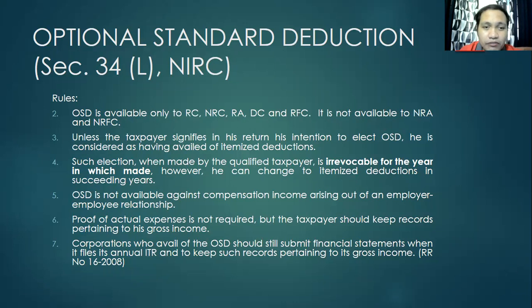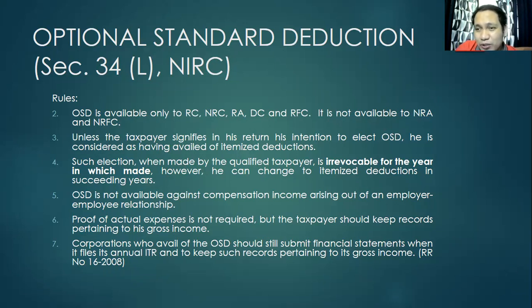Okay? So rule number 4, such election when made by the qualified taxpayer is irrevocable for the year in which made. However, he can change to itemized deduction in the succeeding year. So 2019, sabi mo, BIR, mag-a-avail ako ng OSD. Okay?